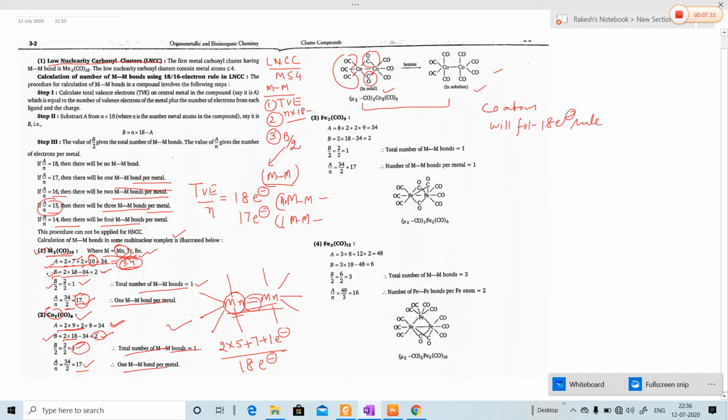So there are 3 carbonyls, meaning the electron contribution is 6. There are 9 electrons in the valence shell of each cobalt, and 2 carbonyls are in the bridging position.